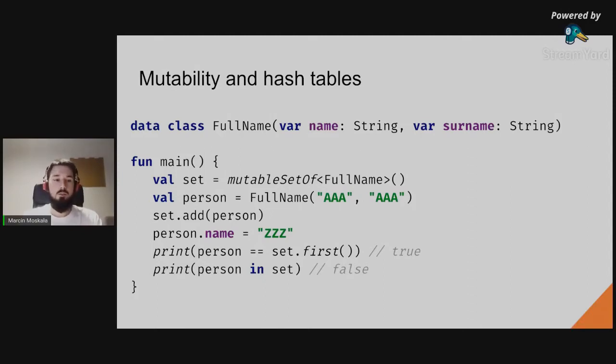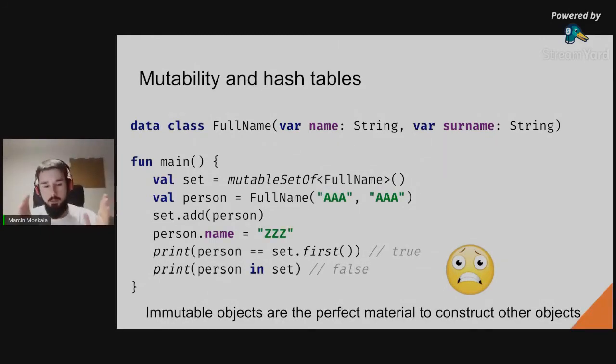And so if you put an element into a set, then you modify it, its hash code has changed. So it is in an incorrect bucket. If you ask for it, you will find it. But if you check if this set contains this element, it will tell you no, it does not. How so? It's like we are just looking in the wrong basket, so it should be obvious that it cannot be found.